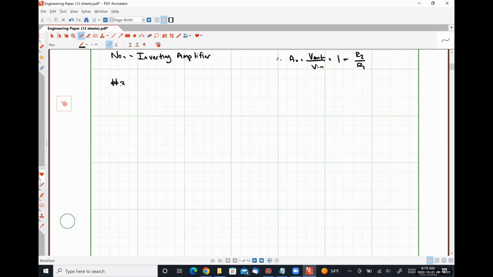So let's look at circuit number 3. I'm going to give myself some room over here. So thus far, what I'm drawing looks extraordinarily similar to an inverting amplifier.